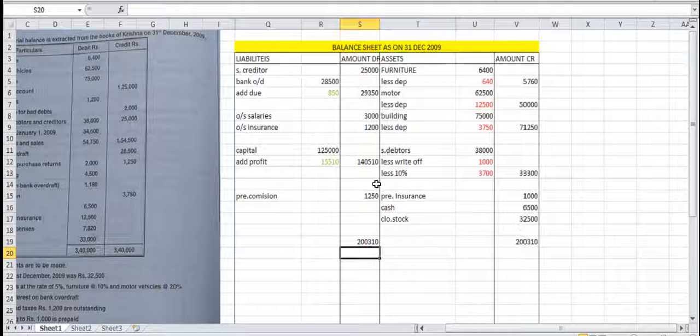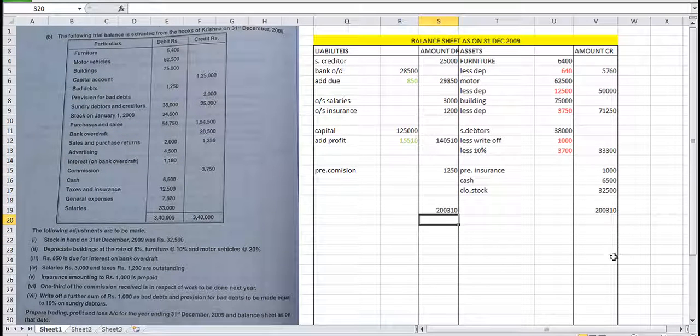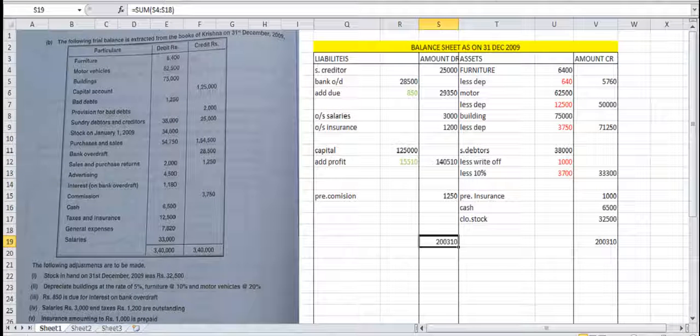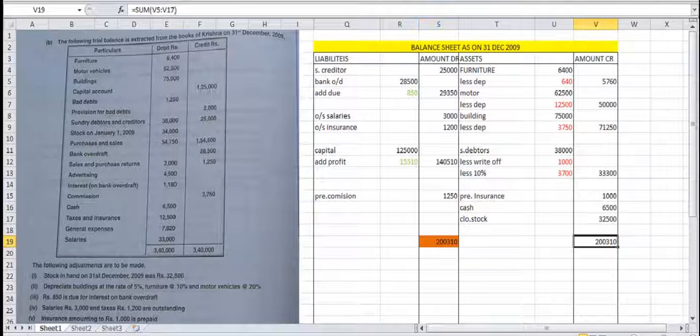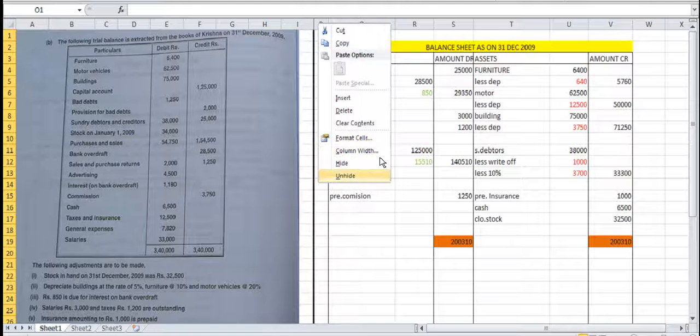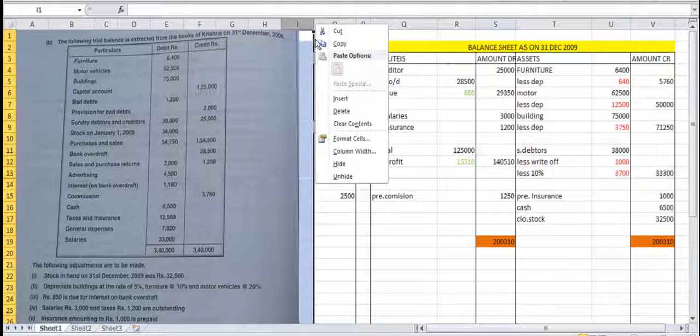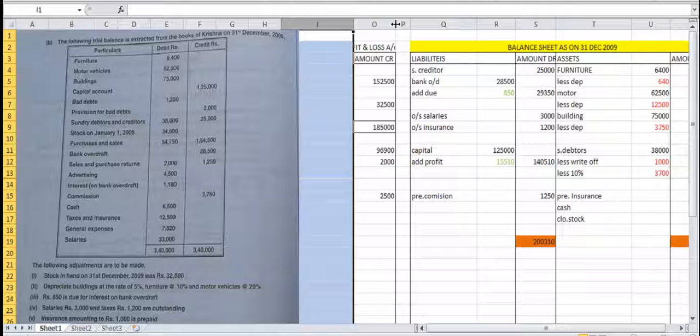This is the way the balance sheet will be created with these entries. This is the question from which the balance sheet has been created. This is the balance sheet, and the balance sheet is tallied. Okay, this is the balance sheet amount tallied.